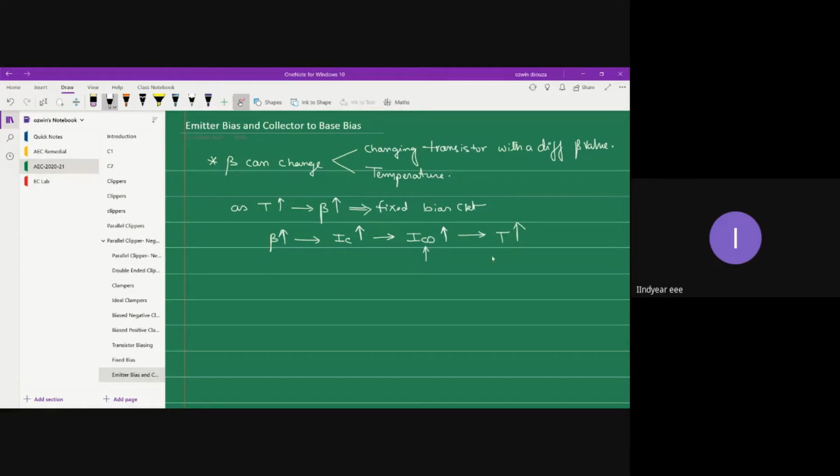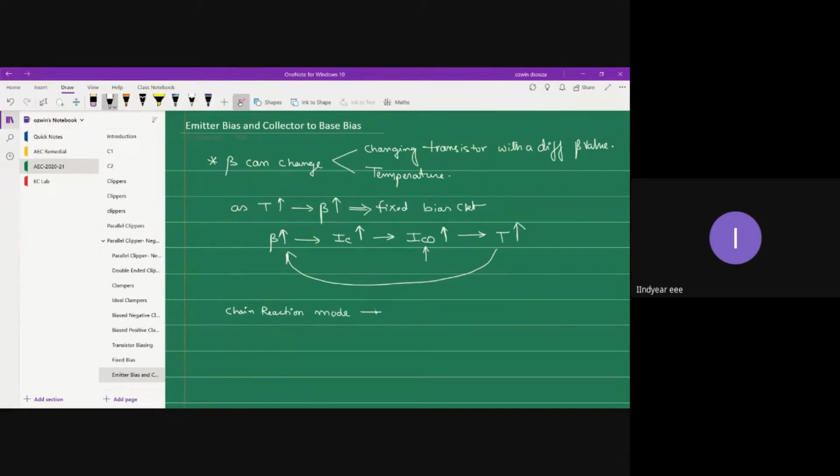So the increment in temperature can once again increase the beta value, so on and so forth. So basically what is happening, once the beta value changes in case of fixed bias circuit, the collector current increases. Increment in collector current can increase the leakage current. The leakage current in turn increases the temperature, so on and so forth. So basically the transistor gets into a chain reaction mode.